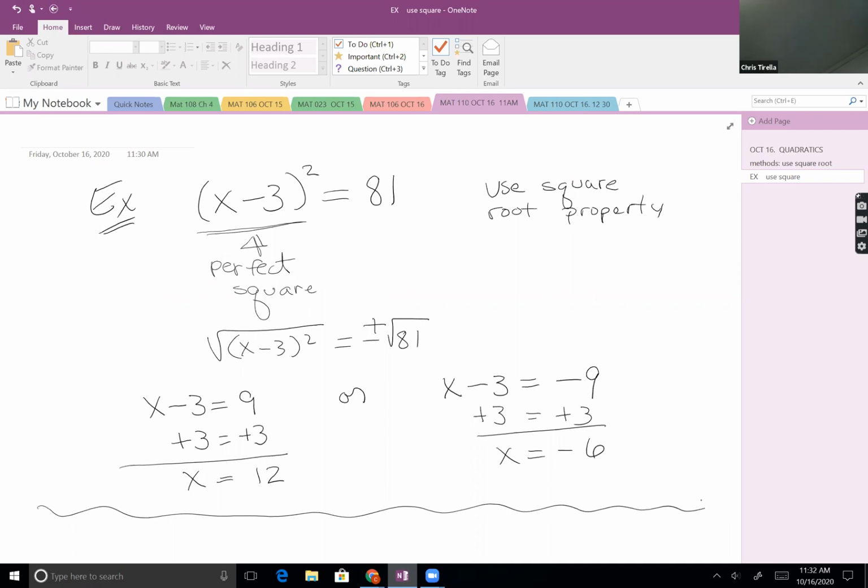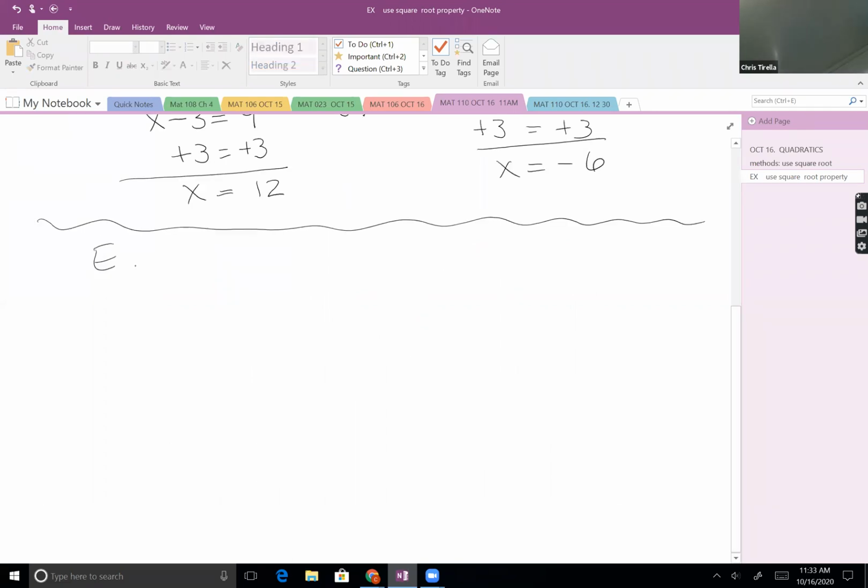I think you can see that use of the square root property works as long as what you've got is a perfect square and there are no variables on the other side. So over here we have a constant. We can make use of that square root property. And I think it's a little bit easier than multiplying that out to begin with. The next one's going to be even more fun.